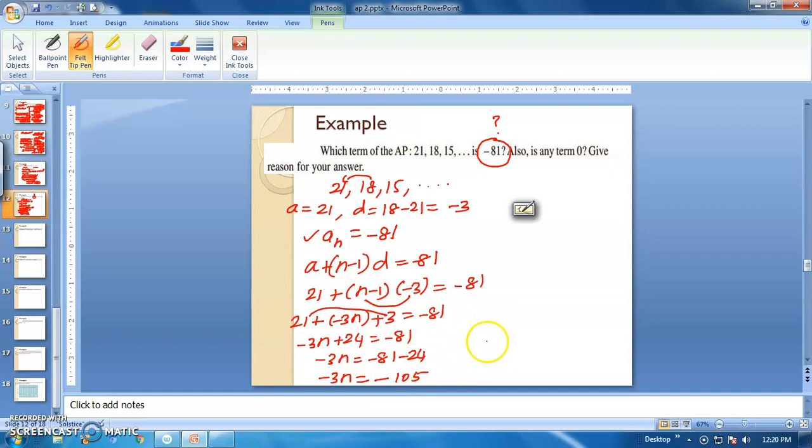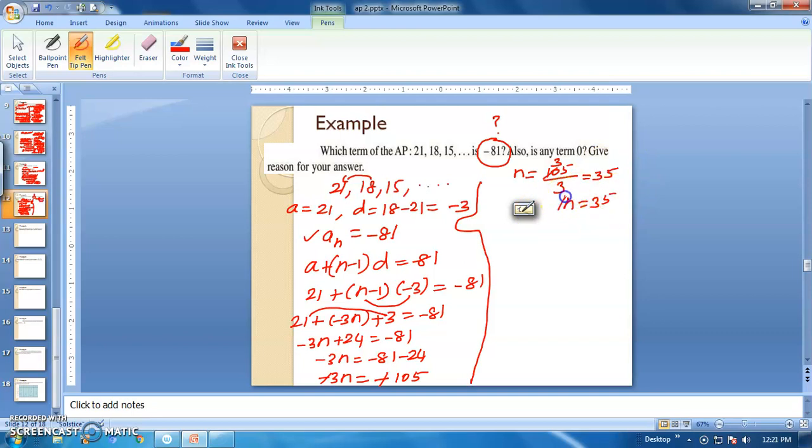So what is n now? n equal to 105 divided by 3, as the minus signs cancel. 105 divided by 3 is 35. So n equal to 35.